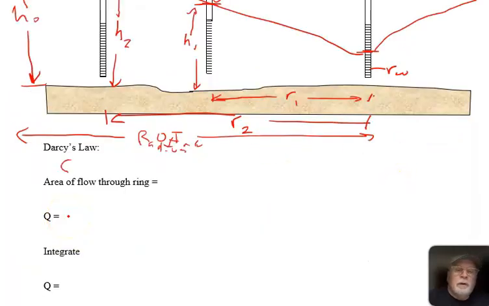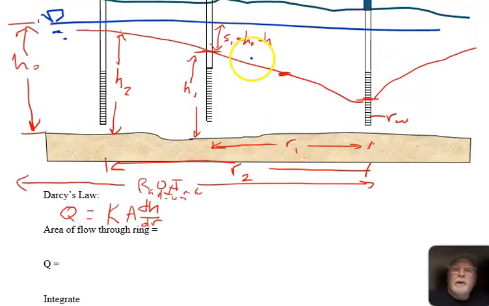Darcy's law, again in radial coordinates, says that the flow equals K A, we don't have that minus sign now, change in head with radial distance. Now the area of flow for the unconfined case, the water is actually at this level here, h, at some distance there.